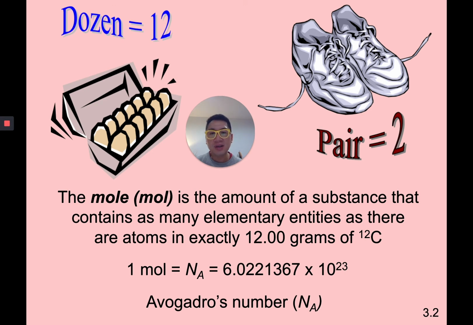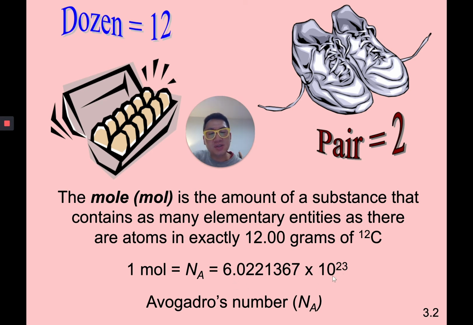Avogadro, Lorenzo Avogadro, a long time ago, not recent, like 16th, 17th century, figured out 1 mole is 6.022 times 10 to the 23rd. Oh, and we'll just say 4 sig figs is good enough.